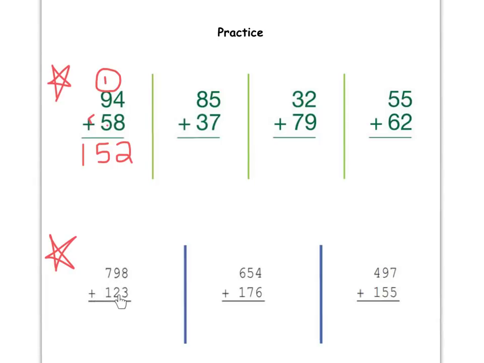Let's look at the next problem. 798 plus 123. Let's add up my ones first. 8 plus 3 is 11. So I place my 1 down in my ones place, and I'm going to carry over or regroup my 10. And now I'm going to add 9 plus 2 is 11, plus the 1 that I carried over. So 9 plus 2 is 11, plus 1 is 12.